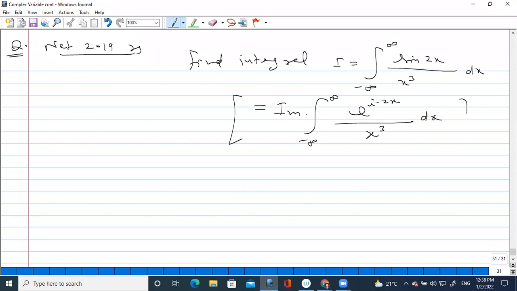Okay, but it is not given in the question. This I have converted. So from here, suitable, because I need to find the residue now.